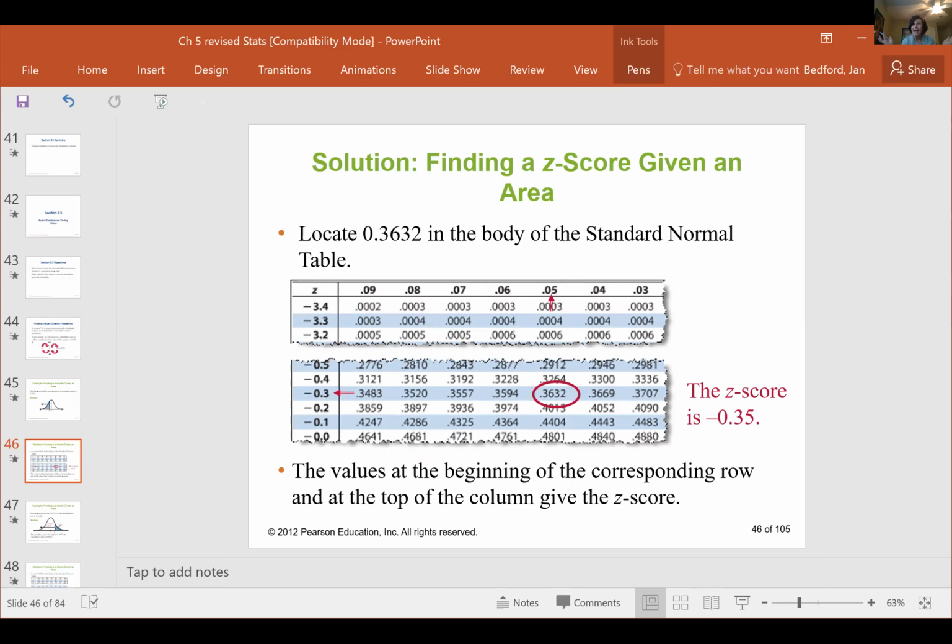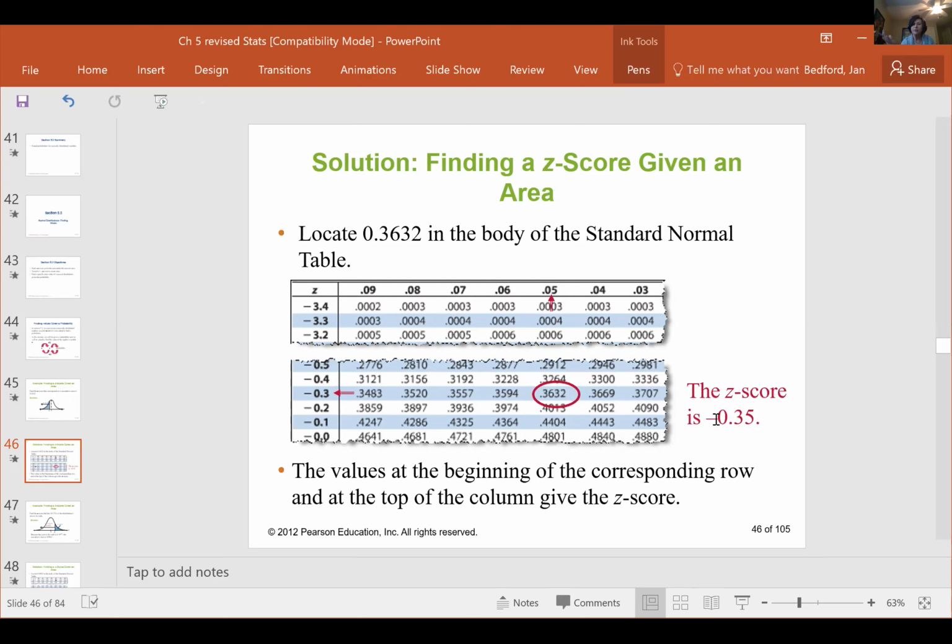It happens to be here, and that would tell us that the Z-score is negative 0.3 coming across the row, and the column that goes with it is 0.05, so the Z-score is negative 0.35. That's not terribly difficult, is it?